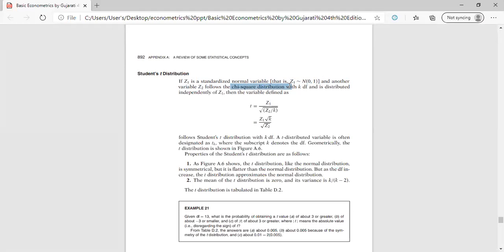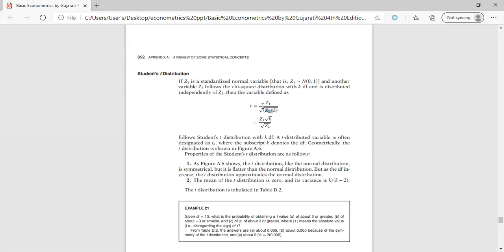They have to be independent, and forget about what independence means for now; we will give you a layperson explanation of independence later. So T is this ratio of Z and chi-square.